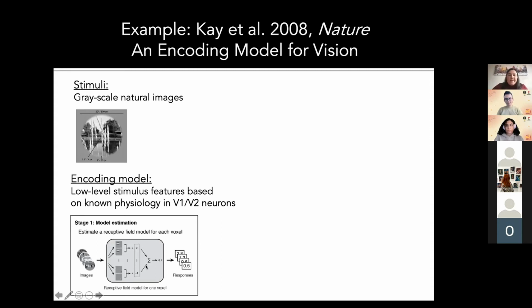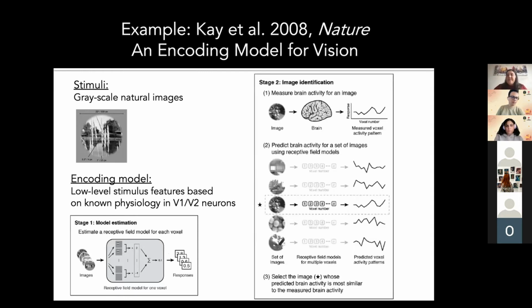But in the end, they basically have this model, and then they estimate a model, they train a model, and then in the third step, they try to predict brain activity for a set of images using these receptive field models.